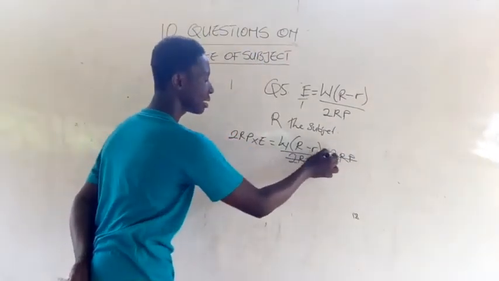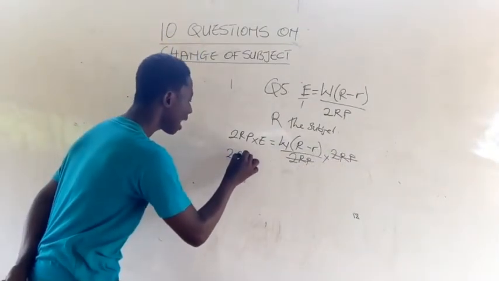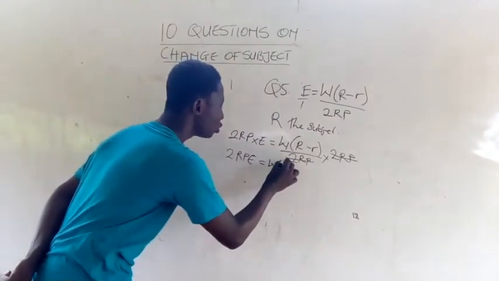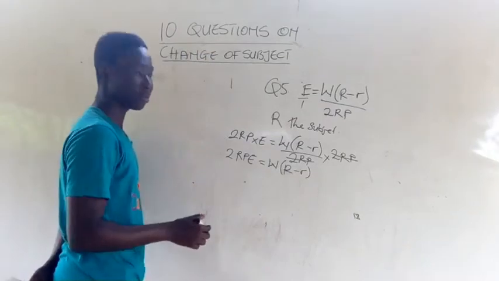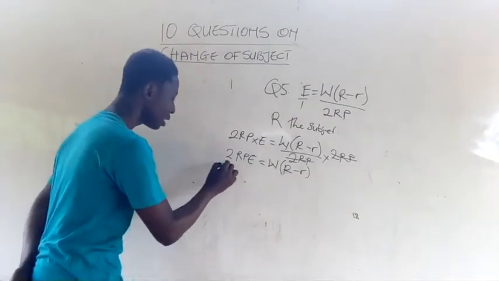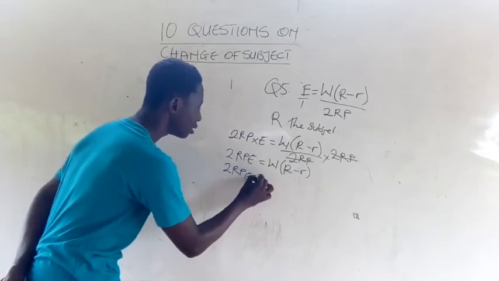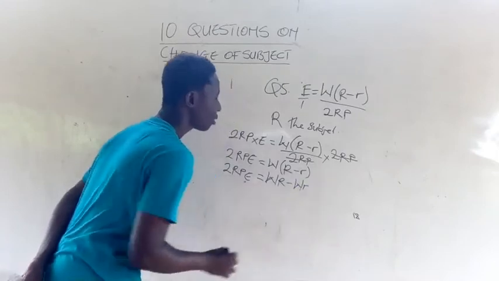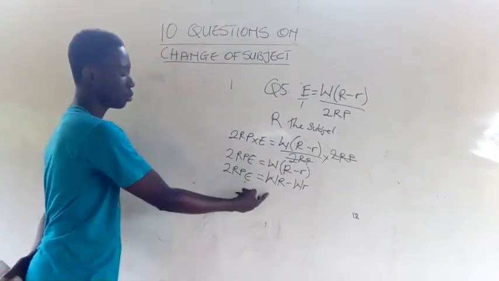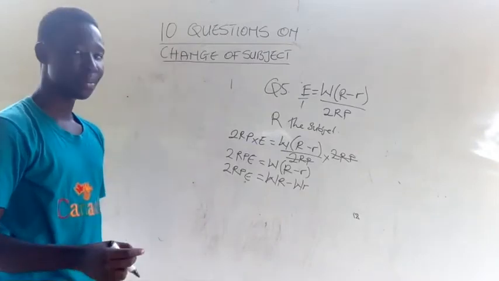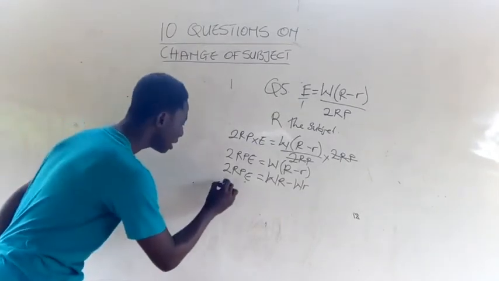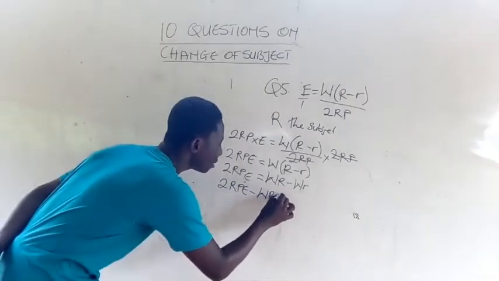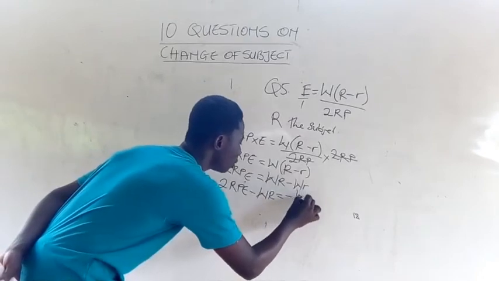Now this cancels out this, so we are left with 2 capital RP multiplying E is equal to W into capital R minus small r. Now we expand this bracket, so we are going to get 2RPE is equal to W capital R minus W small r. Now you want capital R, so bring this one to the other side. In other terms, you are grouping like terms. So you are going to get 2 capital RPE minus W capital R is equal to minus Wr.